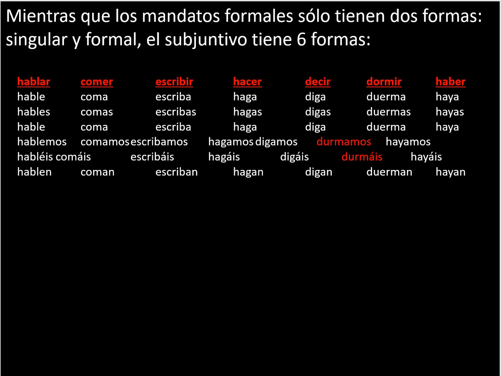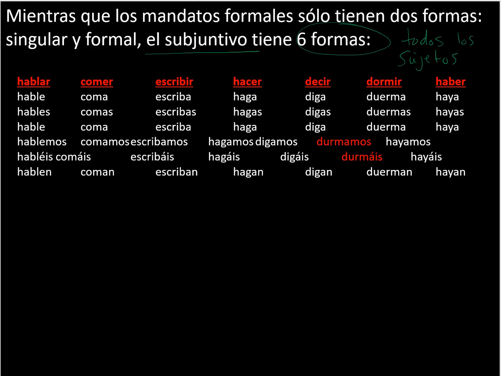Remember that mientras los mandatos formales solo tienen dos formas, aquí el subjuntivo tiene 6 formas para todos los sujetos. Todas las partes de las voces personales, como first person, second person.